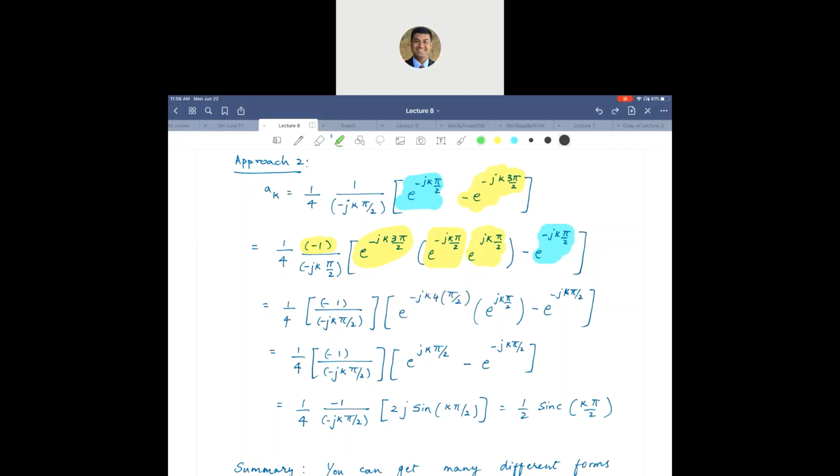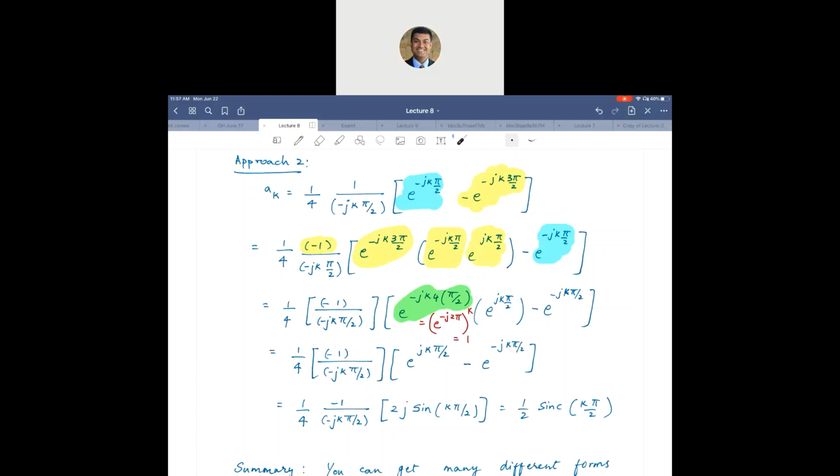Green. This is going to be simply e to the negative j 2 pi raised to k, which is 1. So all of that is simply 1.